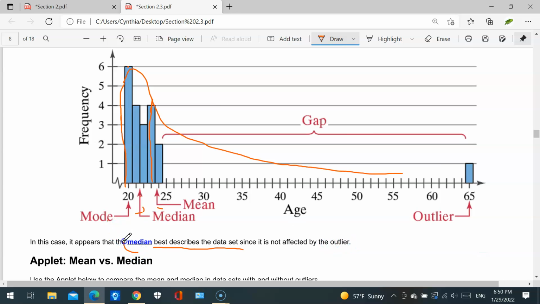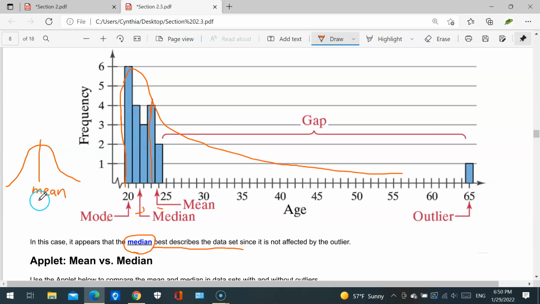The mean is a better description to represent the center when your data has no outlier, which is pretty much normally distributed.